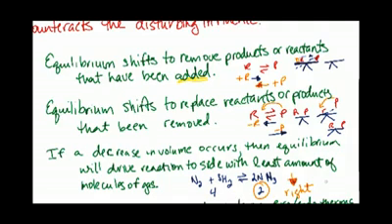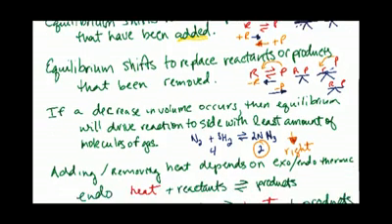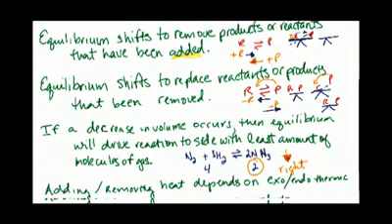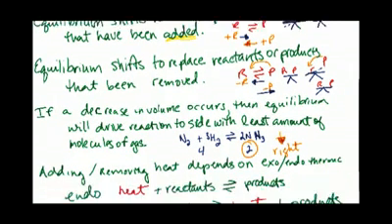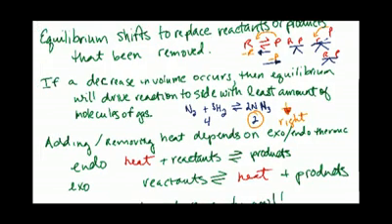Alright? So it's all about the lowest side. Now if they had both 2 on each side or both 4, then there would be no change in equilibrium no matter how much we compressed it. Alright? Now the heat depends on whether we're exothermic or endothermic. Endothermic has heat put into the system.